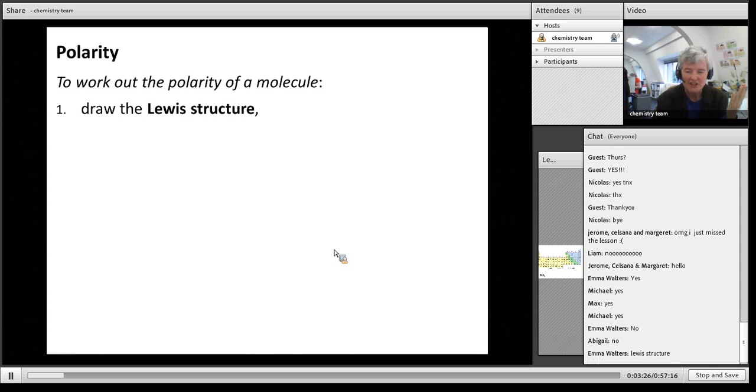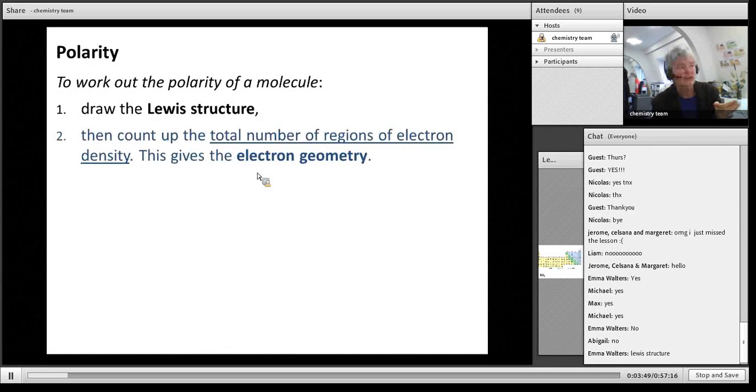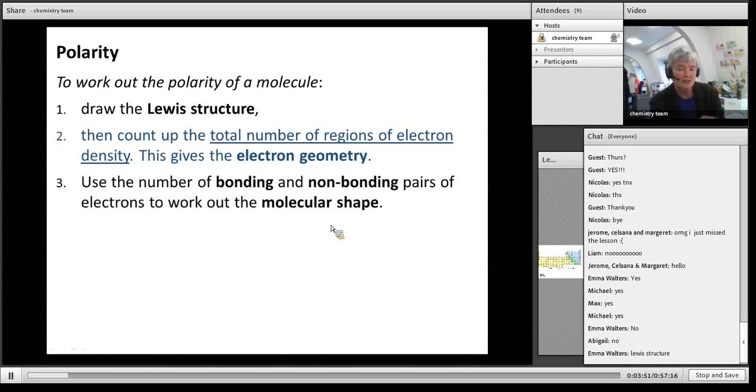Okay, the Lewis structure. Yes, you look at the Lewis structure, and the important thing is you have to count the number of regions of negative charge, or regions of electron density, around the central atom, not just any atom, it must be the central one. That will tell you the electron geometry, and then you look at the bonding and the non-bonding, and all this comes from the Lewis structure.